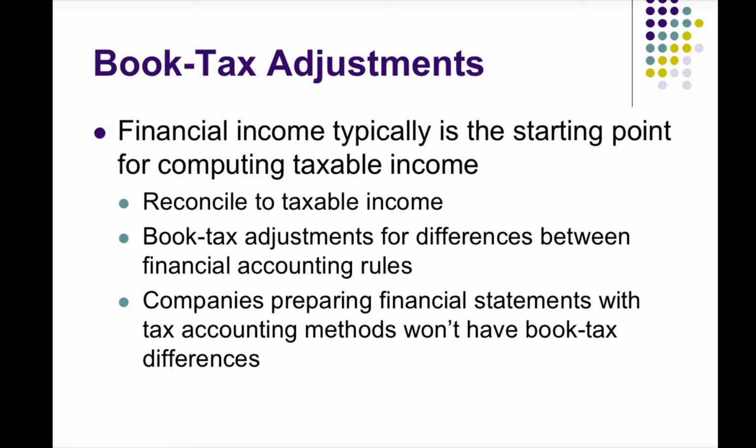Typically, on a day-to-day basis, you track things GAAP-wise, and then you go from those GAAP numbers, your financial net income, and reconcile that to taxable income. That allows you to look at your two sets of books and see whether they match up. It's essentially like looking at the balance sheet and making sure that it balances.